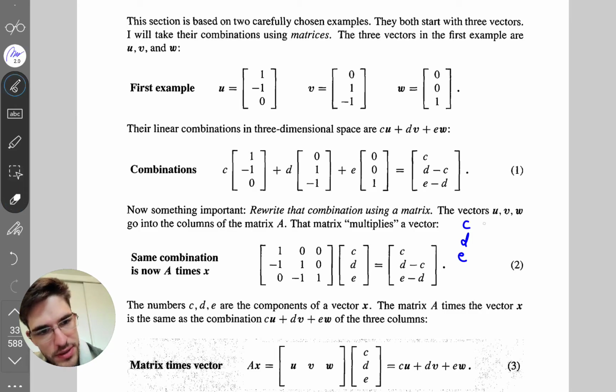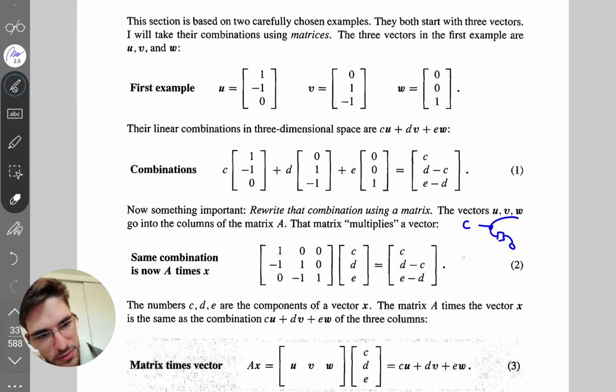So C goes to the first output, and then actually you have D minus C, so let me copy C. I'm going to need to copy D as well, and then I'm going to add D to minus C. So the square here is, take the minus.